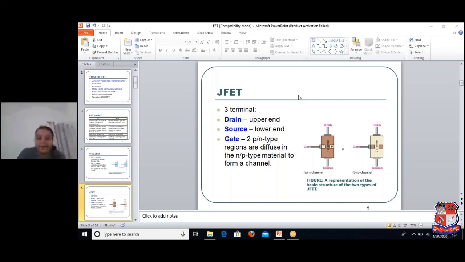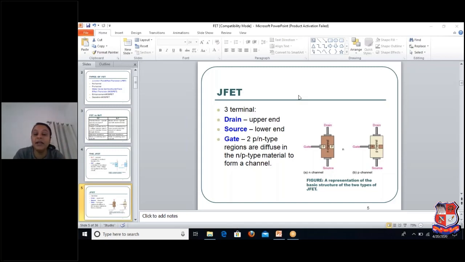Also you can see the construction of an N channel JFET. There are two P type semiconductor materials, and in between, in the middle, we use N type semiconducting material.